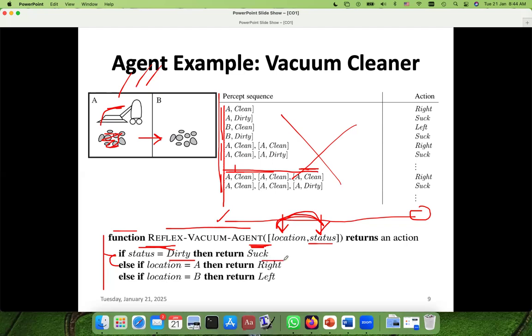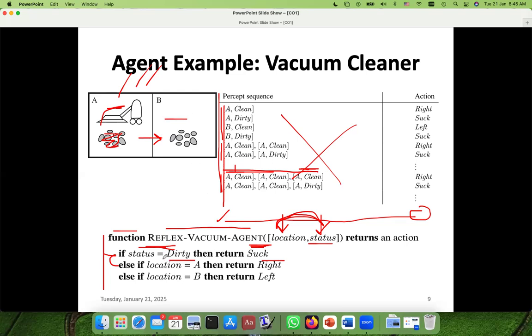What action? Move to the right. Return right. Through the wheels that they have, they can turn, and through that hardware, through that equipment, your vacuum cleaner can go towards the right position to this square.